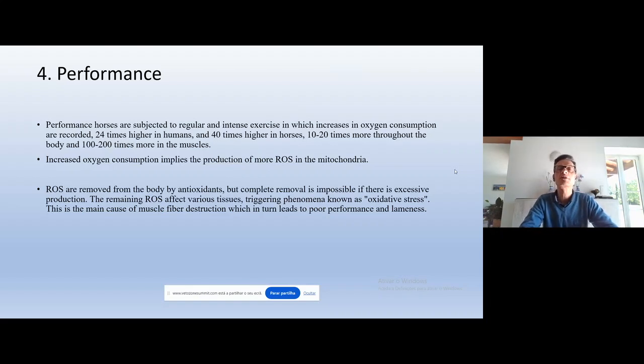This increased oxygen consumption implies obviously the production of reactive oxygen species in the mitochondria, and an increased production of this ROS leads us to oxidative stress, and this is the main cause of muscle fiber destruction, which in turn leads to poor performance and lameness.